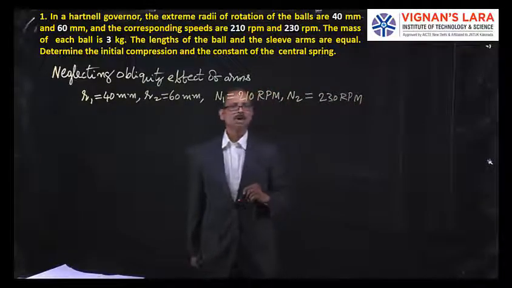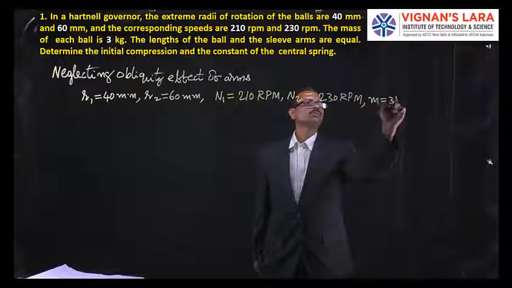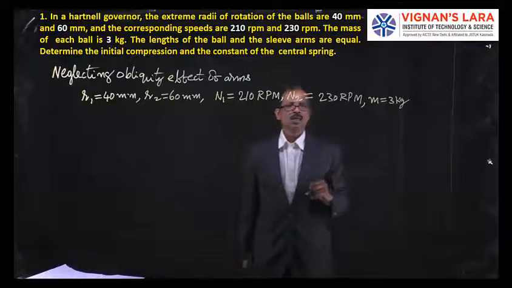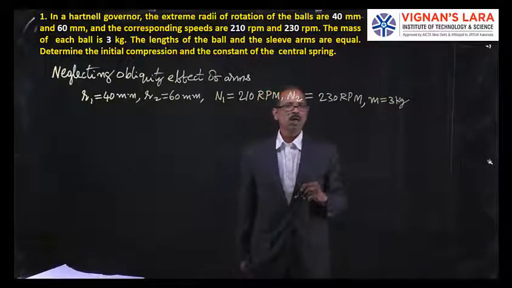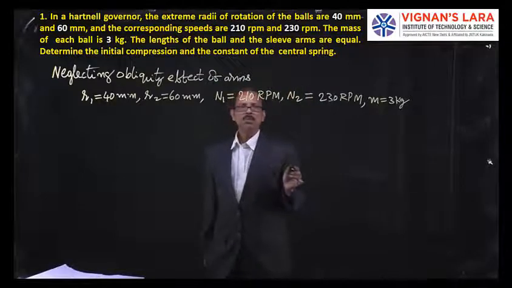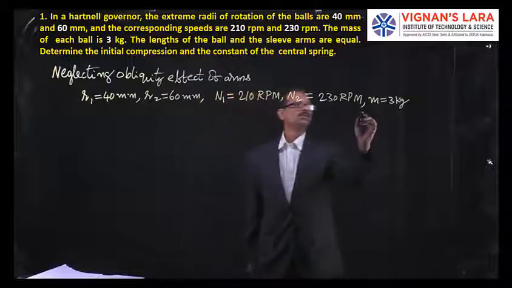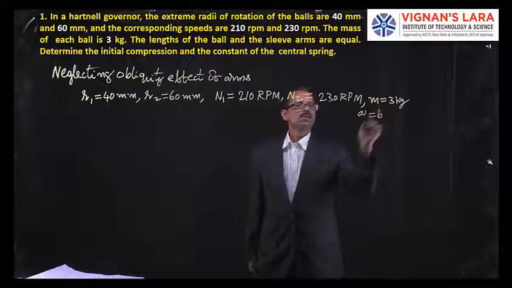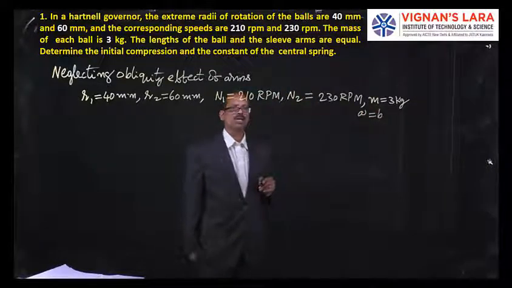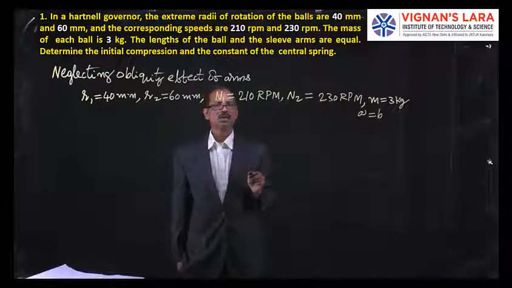Then the mass of the ball is 3 kg, small m. The length of the ball and the sleeve arms are equal. So the ball arm and sleeve arm, that is A is equal to B. Ball arm length we are calling A and sleeve arm we are calling B. So he has given A is equal to B.